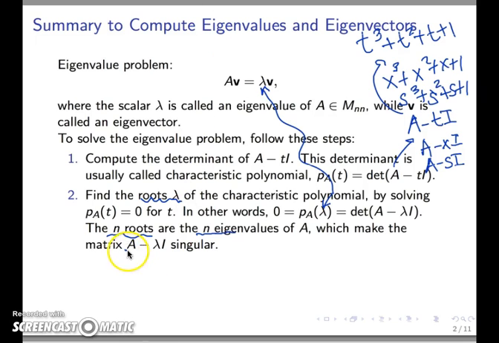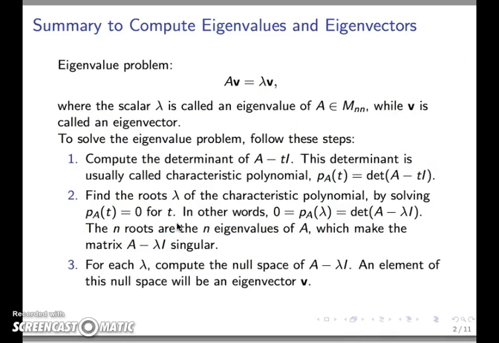And so, importantly, when you evaluate that matrix A minus tI at each of those lambdas, the new matrix A minus lambda I is a singular matrix. And singularity is directly related to the definition of a null space.